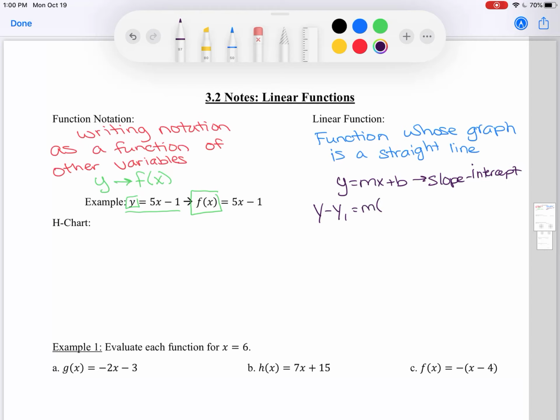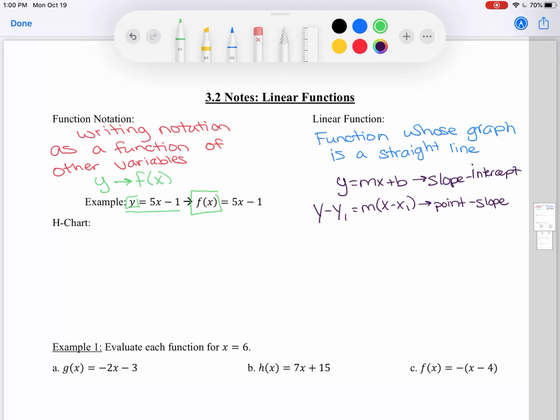At the end of the day, if I were to graph that slope-intercept form, I would still have a line. That's what designates a linear function. And then the second form was y minus y1 equals m, parentheses, x minus x1, which was called point-slope form. Again, if I were to graph point-slope form, I would make a linear function, a line.